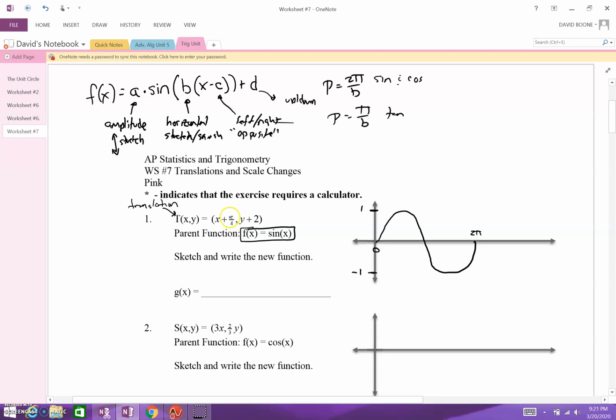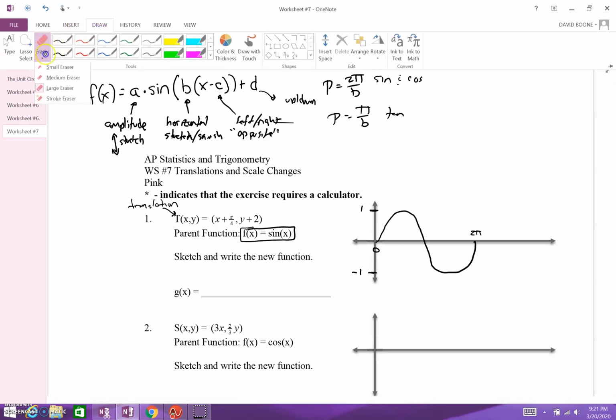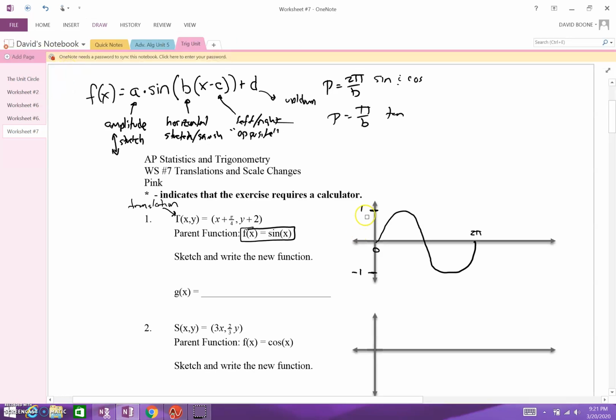So if I'm moving it to the right pi over 4, then this is now not 0 anymore, and this is not 2 pi. This is moved to the right pi over 4, so this is now pi over 4, and now this is 2 pi plus pi over 4.